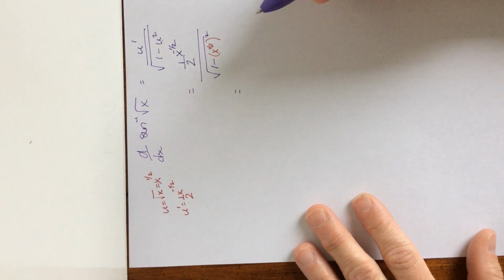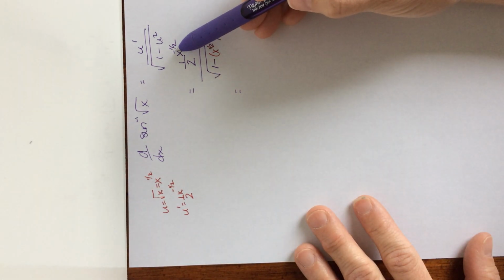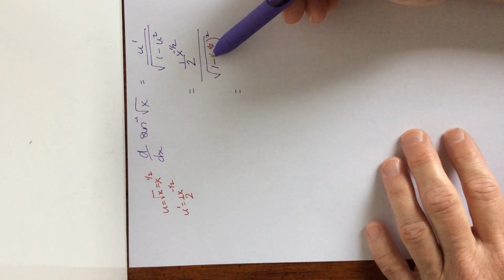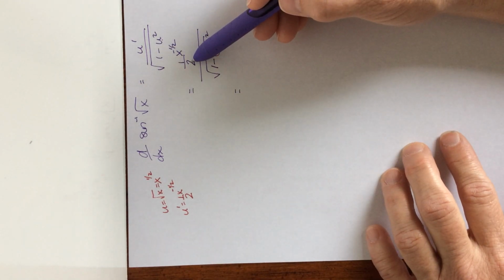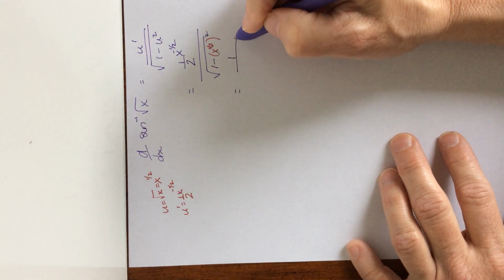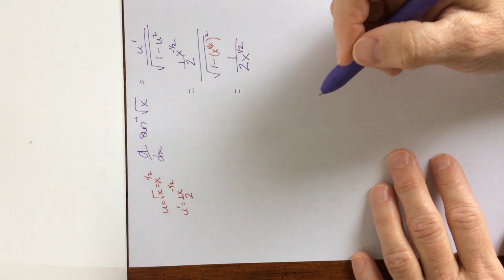Okay, so as I go about cleaning this up, I'm going to ignore the denominator for just a minute, but I can rewrite 1/2 x to the negative 1/2 as 1 over 2x to the positive 1/2 power.